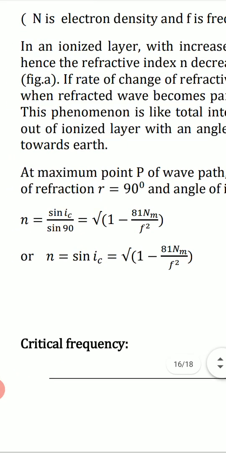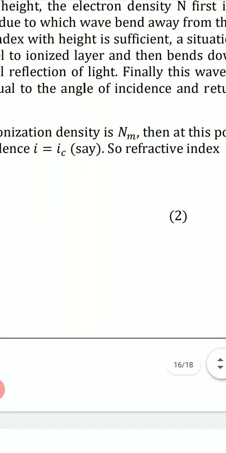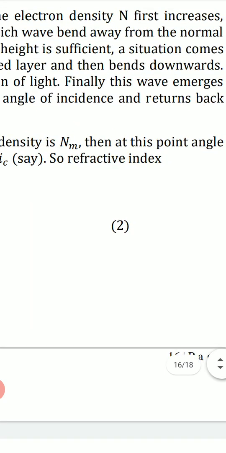At maximum point P of the wave path, the ionization density is Nm. Nm is the maximum value of capital N, small m is for maximum.